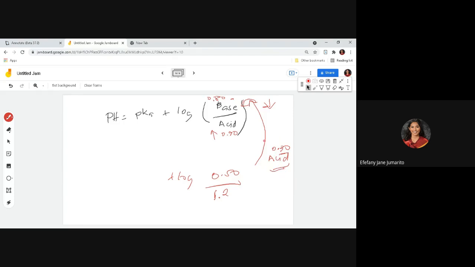If you add an acid, it will react with the base, that's why minus, because it will be consumed. And then what will happen to the acid? It will form. So that's why you add 0.90 plus 0.30. That's why we have 1.2.